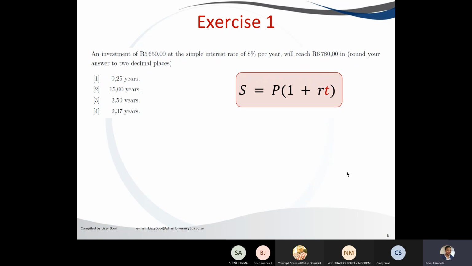Remember, if you don't know how to answer the question, you must also say so that we can help you stay in the right direction. Okay, so who wants to do the answer with me?